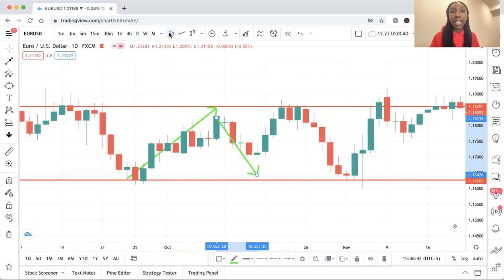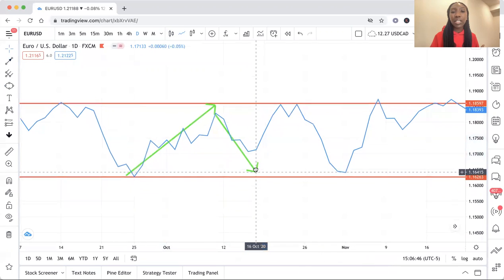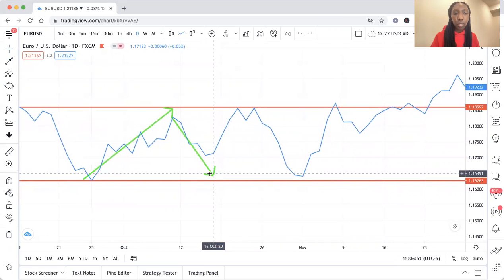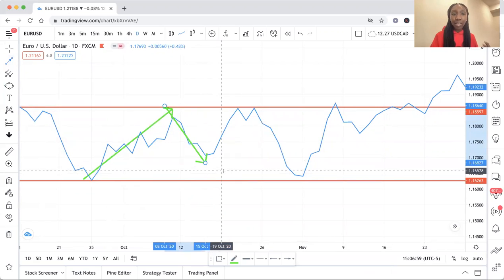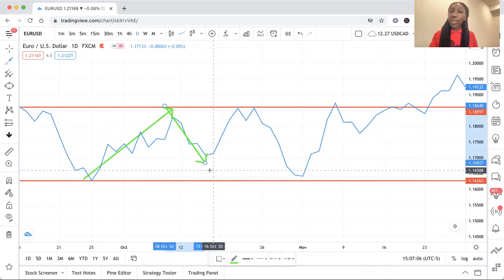So we're looking at the line chart here because I want you to be able to see it very clearly. And then we're going to go back to the candlestick chart. So ultimately, it went halfway, right? But it's okay. We're still having this as our floor and this as our ceiling. So let's say this time you caught it in your hands and you're like, you know what? It didn't hit the ceiling. I caught it. I'm just going to throw it to the ceiling really hard to see what happens.